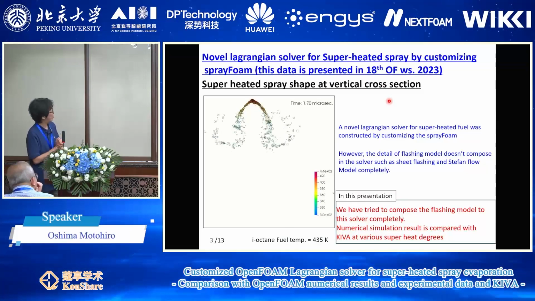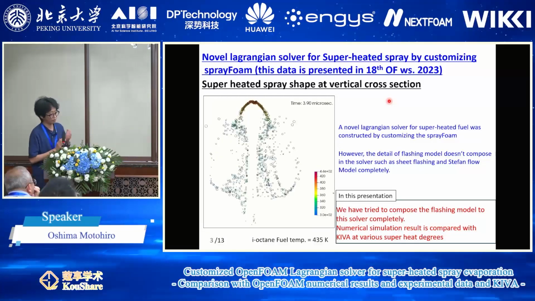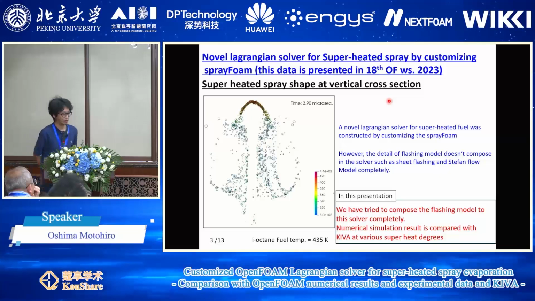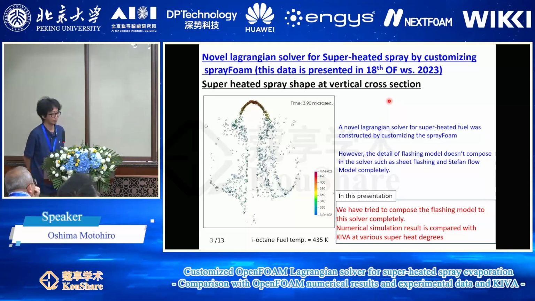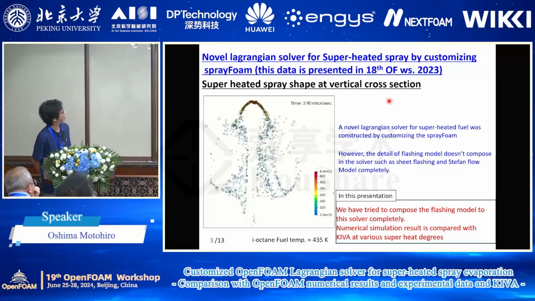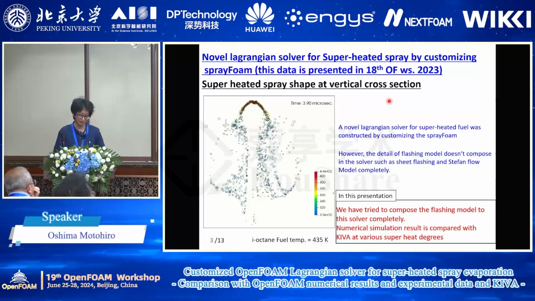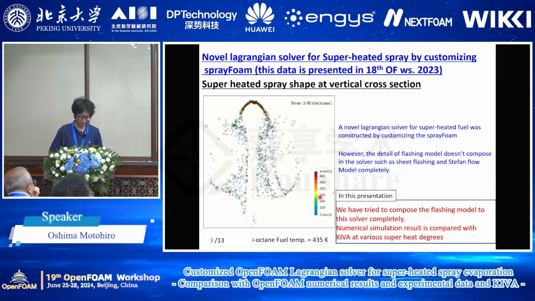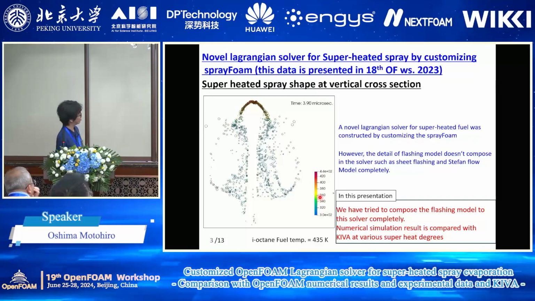This slide was presented at the 18th OpenFOAM workshop. We constructed a novel Lagrangian solver for superheated spray by customizing the super spray form. This movie is a superheated spray shape at the vertical cross section.